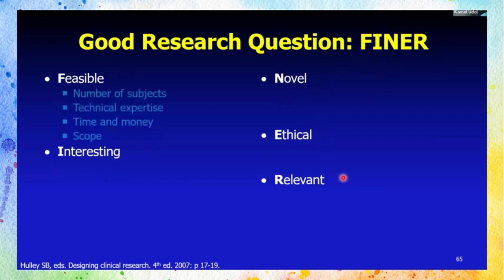For feasible, the question must be feasible in order to answer it with research. You should have an adequate number of subjects. You should have the technical expertise required to conduct the research. You should have enough time and money. The scope of the study must not be too broad for you. So this is the consideration of feasibility of a research question, whether you will develop it into a research project.